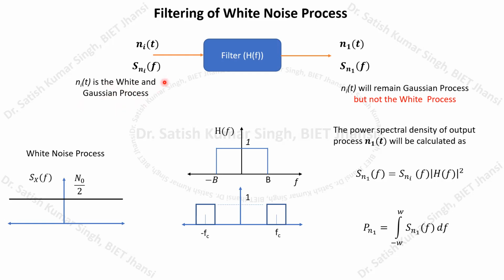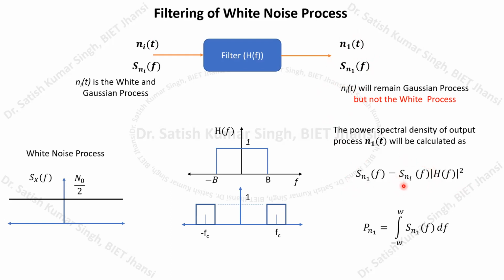If we pass such a random process through a particular filter whose frequency response is given by H(f), and the output noise process is denoted by n_1(t), then the power spectral density of the output noise process, denoted S_n1(f), will be given by this expression, related to the input power spectral density.